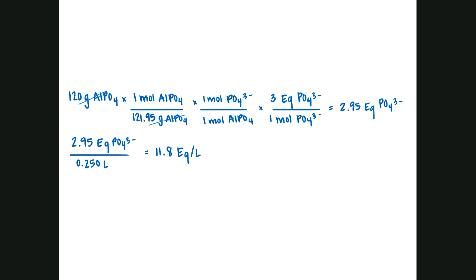Again, for this particular problem, we don't have a balanced chemical equation, so our mole ratio is the intermole ratio, the IMR that we looked at in chapter 6. The intermole ratio for phosphate versus the entire compound is a 1-to-1 ratio. There is one phosphate ion in every one compound of aluminum phosphate. That way we cancel out our aluminum phosphate.